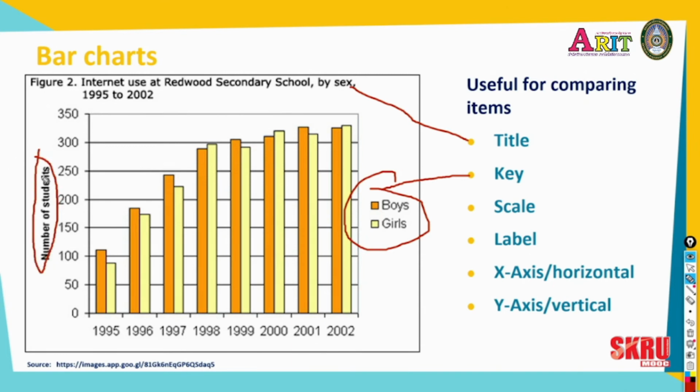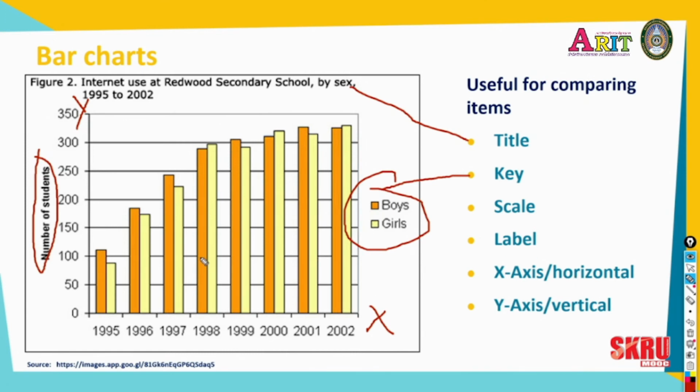It tells you that it's the number of students. The X and Y axis again. So the X axis is often years over time. And here we have bar charts with a bar representing boys and girls in each year.